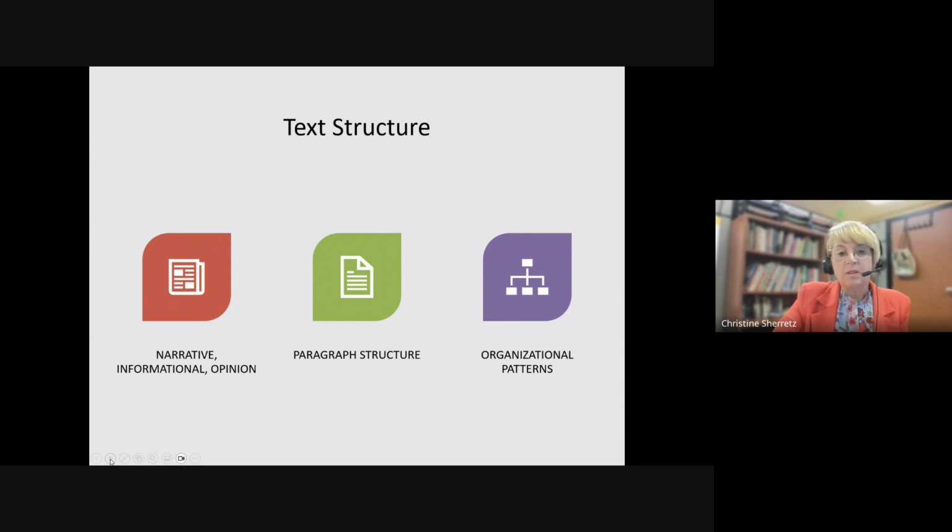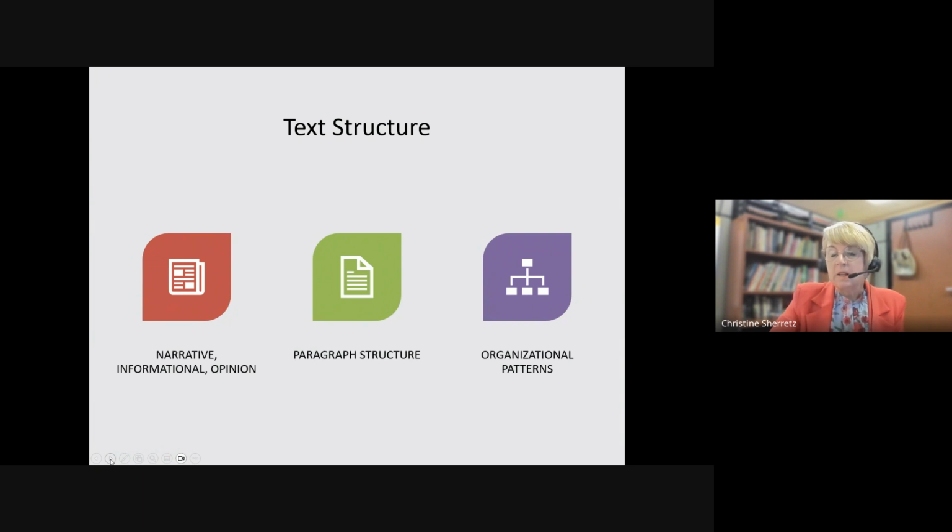Now, within those pieces, there are organizational patterns. If it is a narrative piece, it's going to have a similar organizational pattern: characters, setting, problem, solution, and events. However, the informational and opinion pieces have different kinds of text structure.